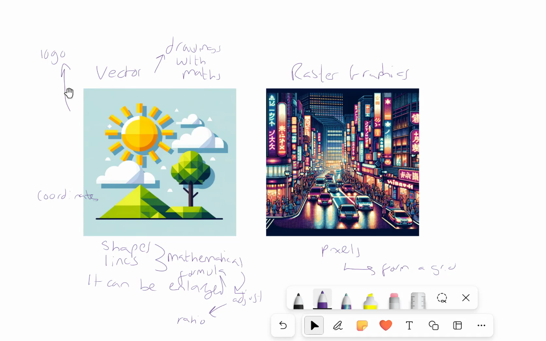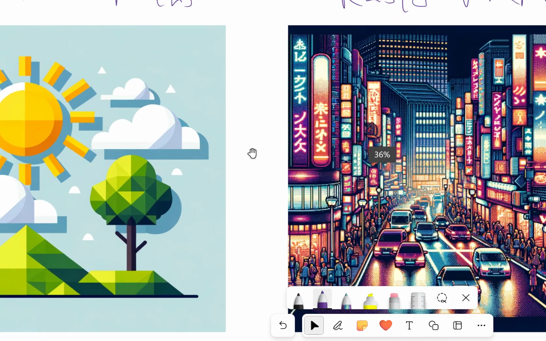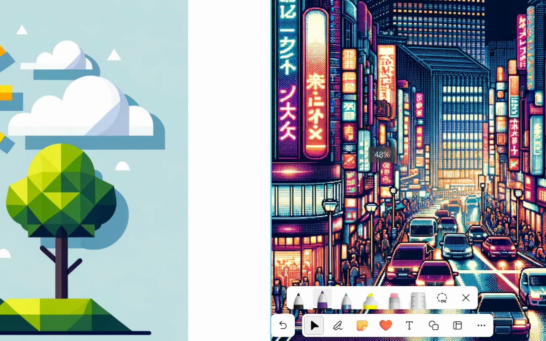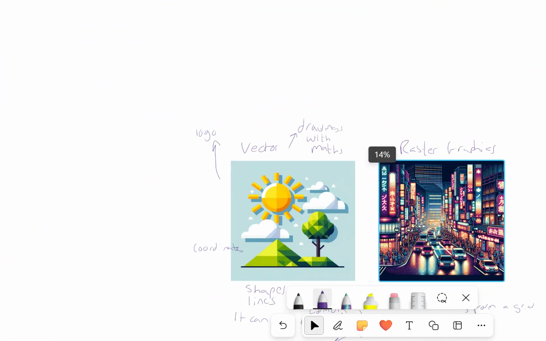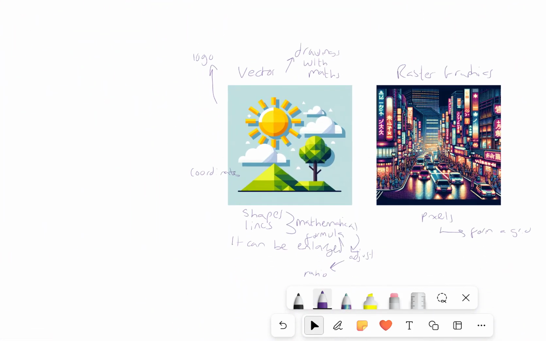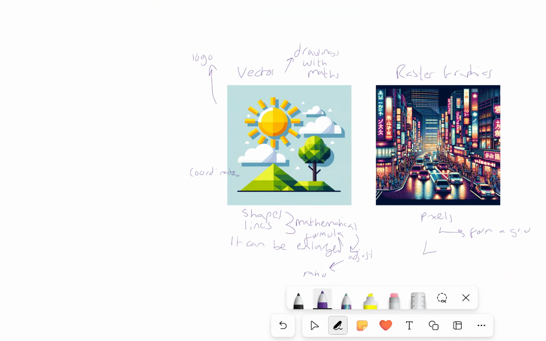The more you zoom into an image, the more those pixels are obvious. This basically means that it's very challenging to change the size once you get going. So you can't really resize. It takes up a lot of memory in your computer.